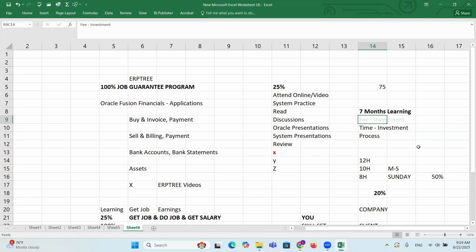So just choose the right path, the path which will give you 100% expected results. When we talk about a career and getting a great package and a wonderful career path, one of the best options is Oracle Fusion Financials.